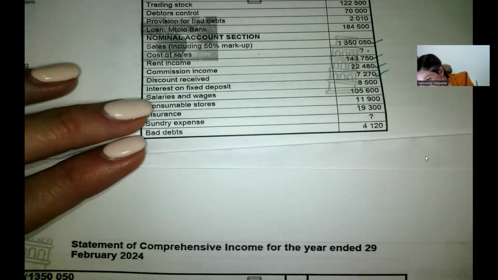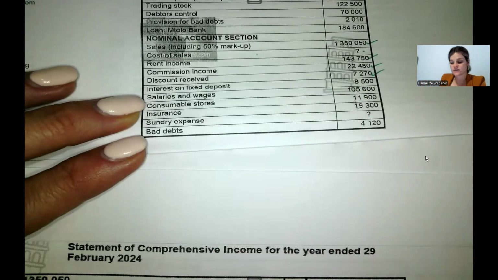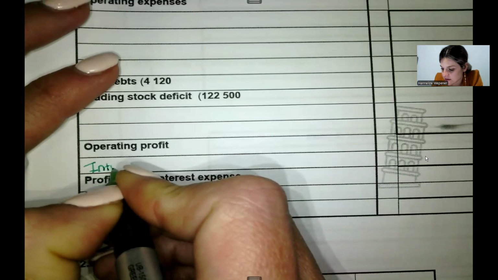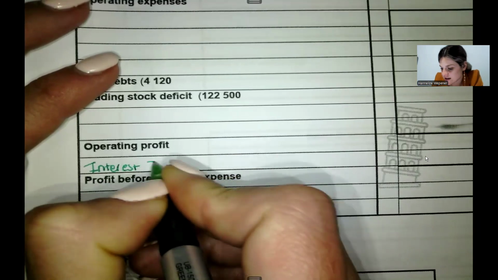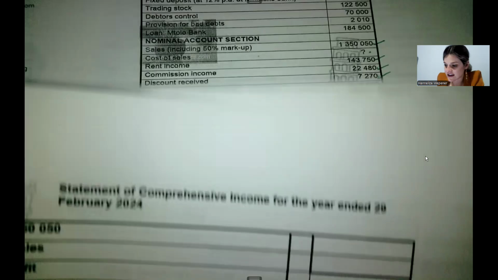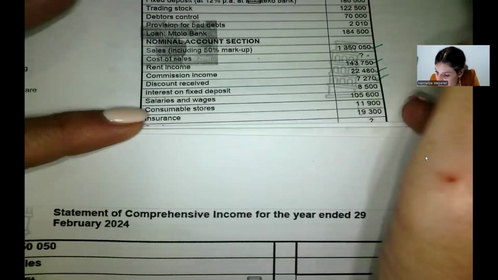Okay, then next up we have our interest on fixed deposit of 8,500. That goes with my interest income, so I'll just include that for now.